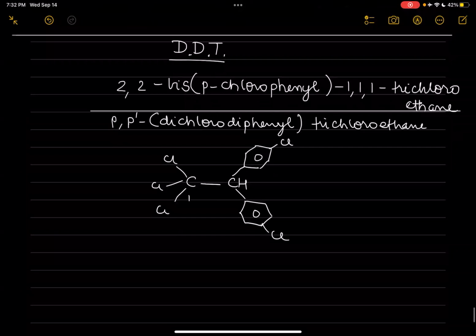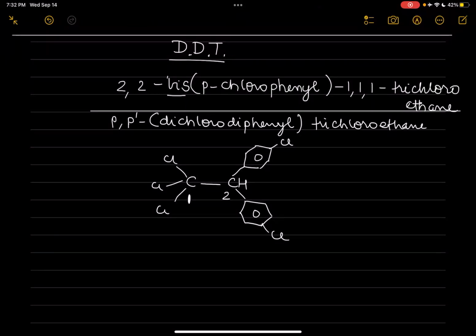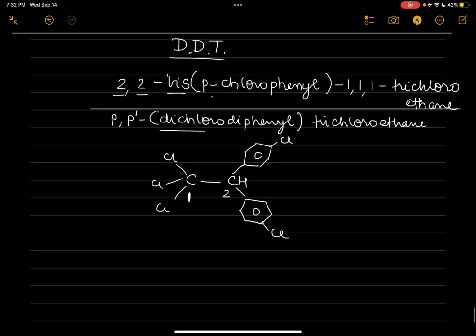DDT. So 1,1,1-trichloro, and on carbon 2 you have two phenyl rings. Bis also means two. Parachlorophenyl groups, both on the second position. Para-dichlorophenyl and trichloroethane. That is the common name.